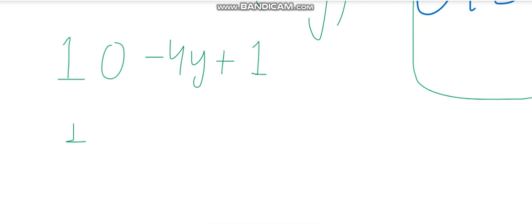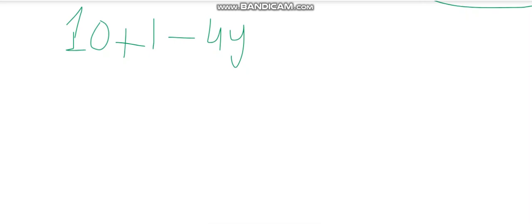Okay, so there's a problem with the mouse, so this will be a bit hard. So 10 plus 1 is 11, minus 4y, which is 7.